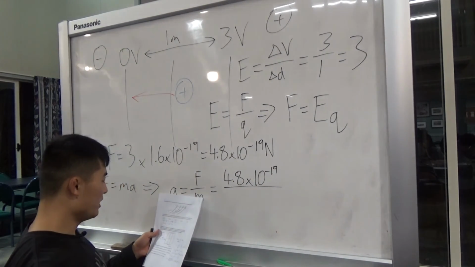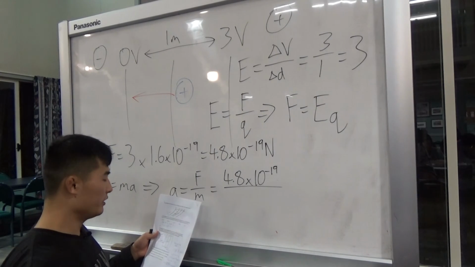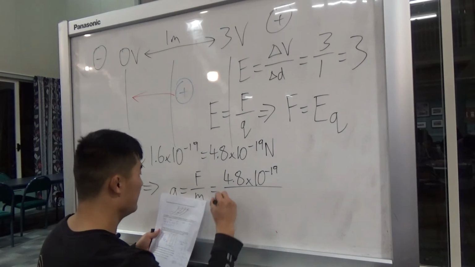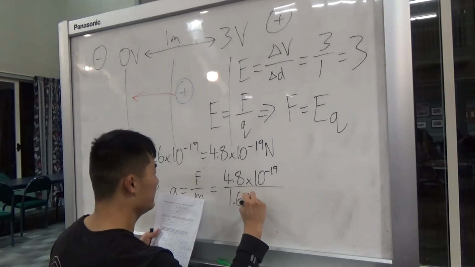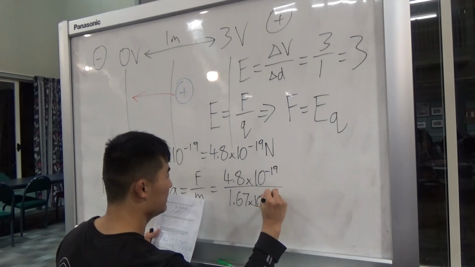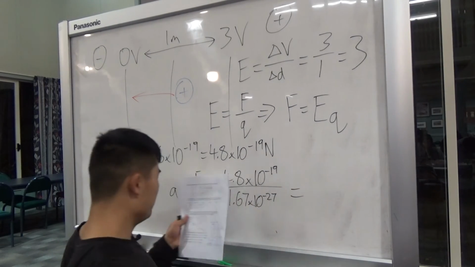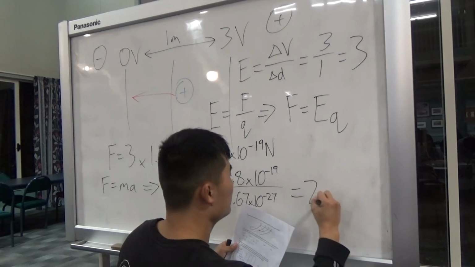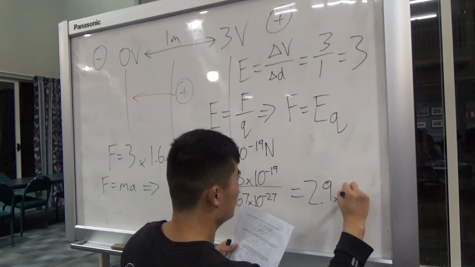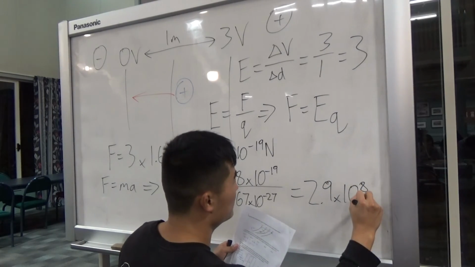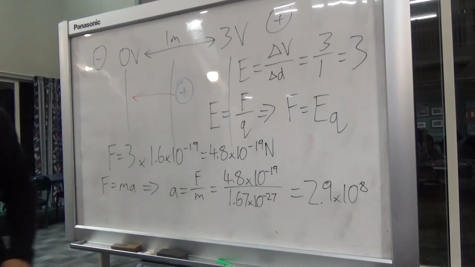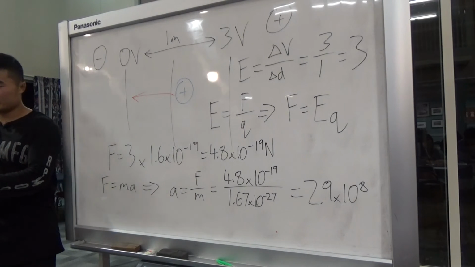So the mass of a proton, that's also given to you on the formula sheet, is 1.67 times 10 to the negative 27. And that will be 2.9 times 10 to the power of 8. Okay, which is pretty close to the speed of light.